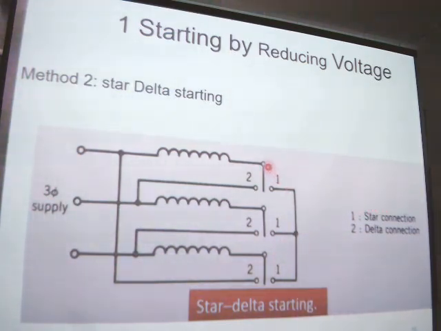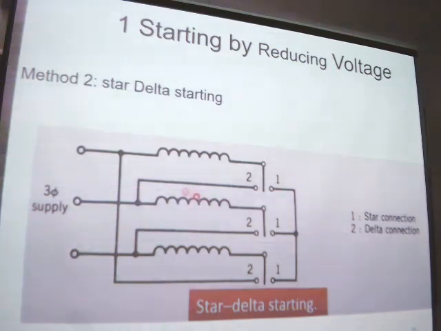The switch is connected to the right side, and this also to the right side to connect to this terminal. At this time it's a star connection. This is the neutral point. The current from here is the line, also the other phase and the C phase. So it's a star connection.